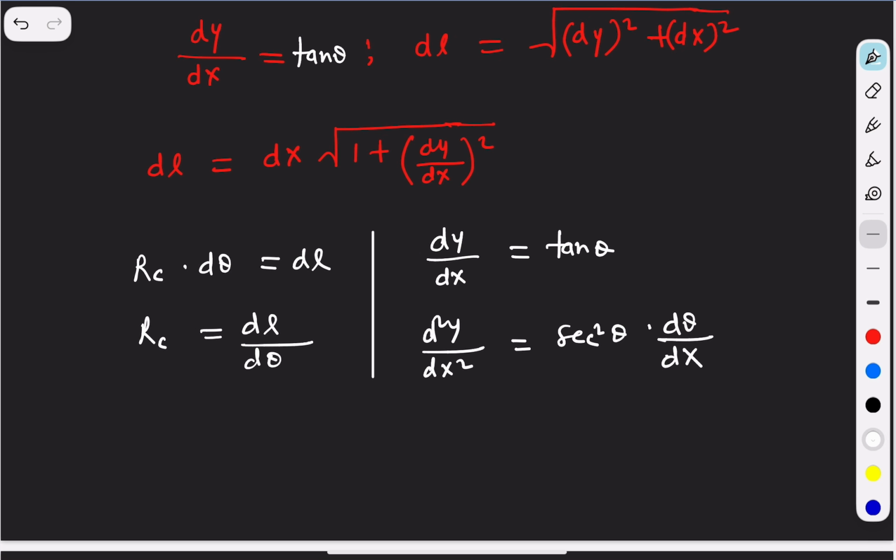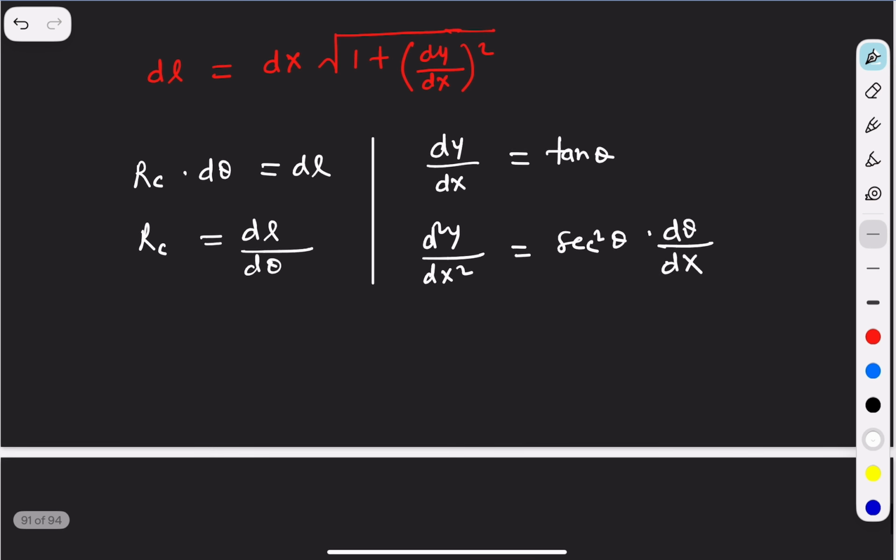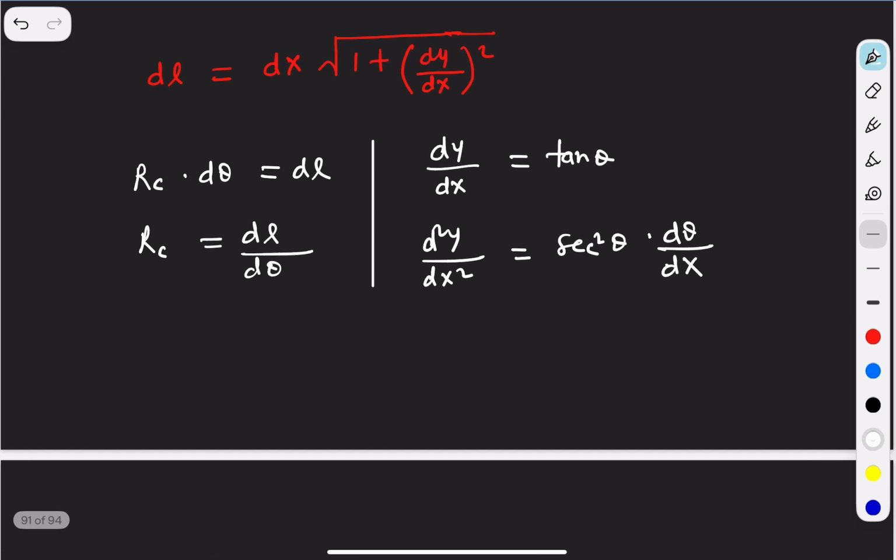So dl by d theta, just mathematical manipulations we have to do.